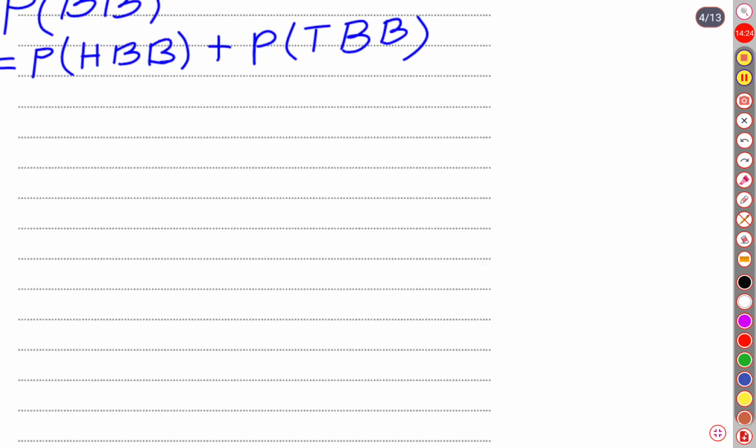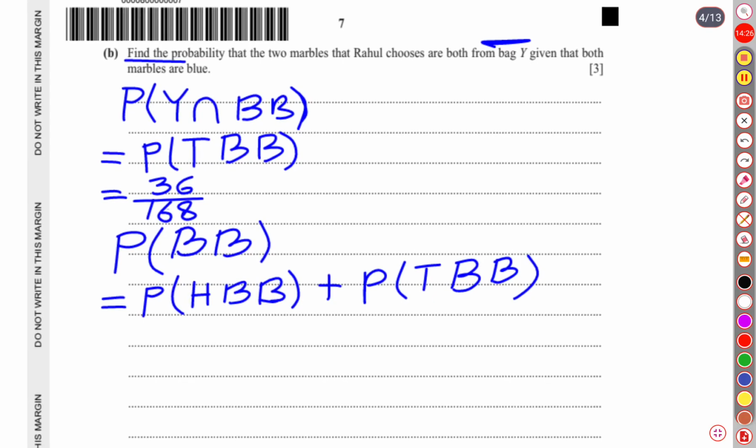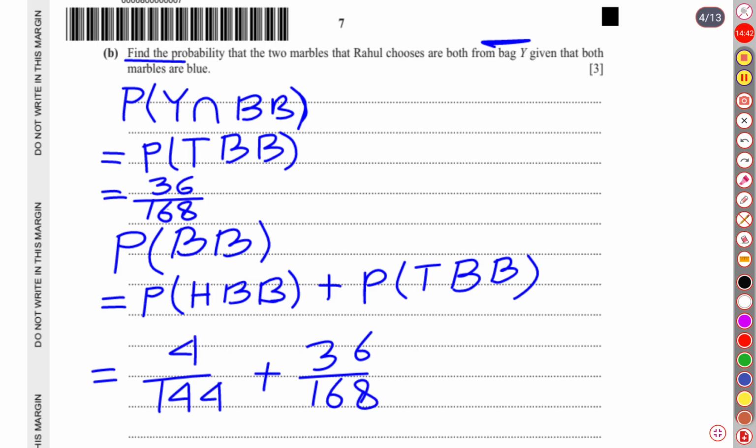So how much is this HBB? As we have seen, it is 4 over 144, and both of them blue TBB, as we got in the first step also, 36 over 168.